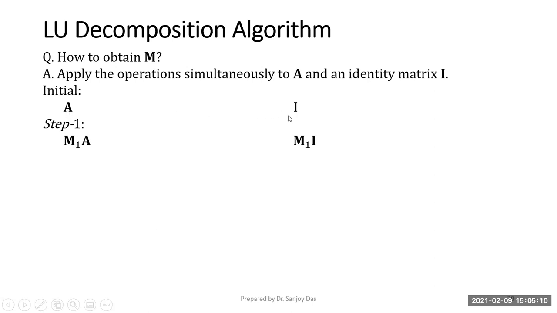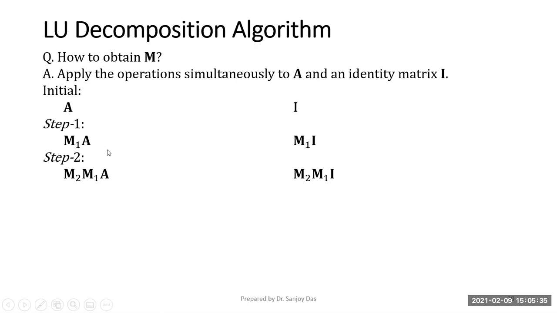If we do the same row operations on this identity matrix as we do with A, then in effect we are pre-multiplying this identity matrix with the same M1. Are you guys with me here? Yes.